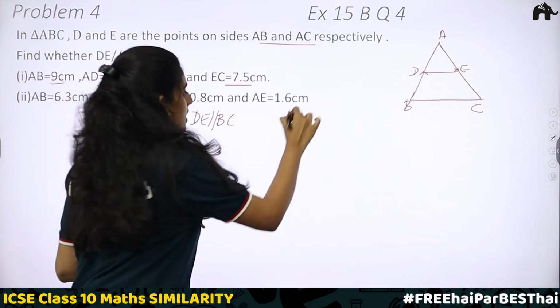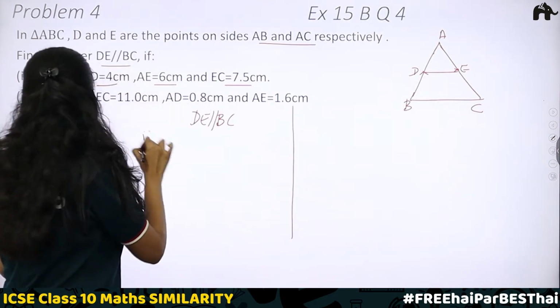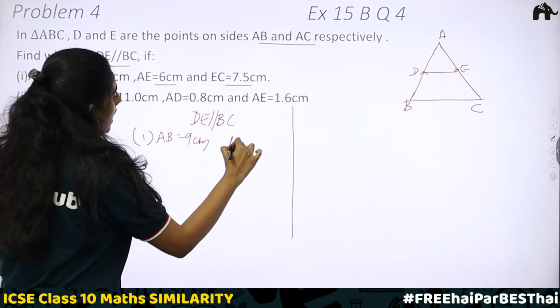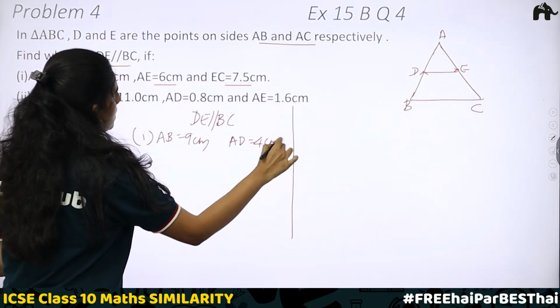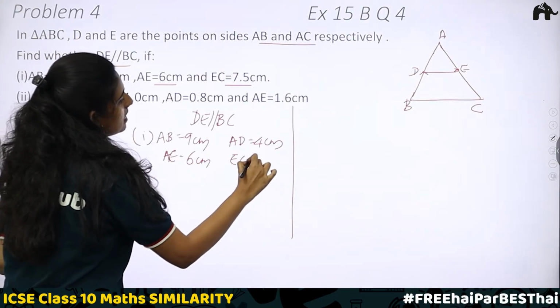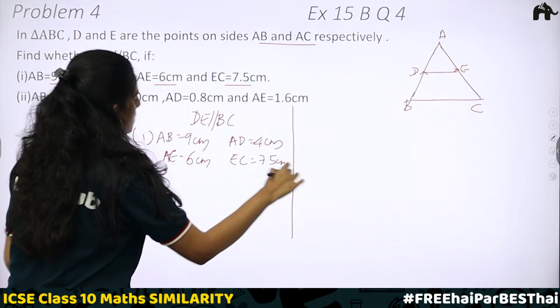So in the first question, the given conditions are, we have AB is equal to 9 centimeter, AD is equal to 4 centimeter, AE is equal to 6 centimeter and EC is equal to 7.5 centimeter.